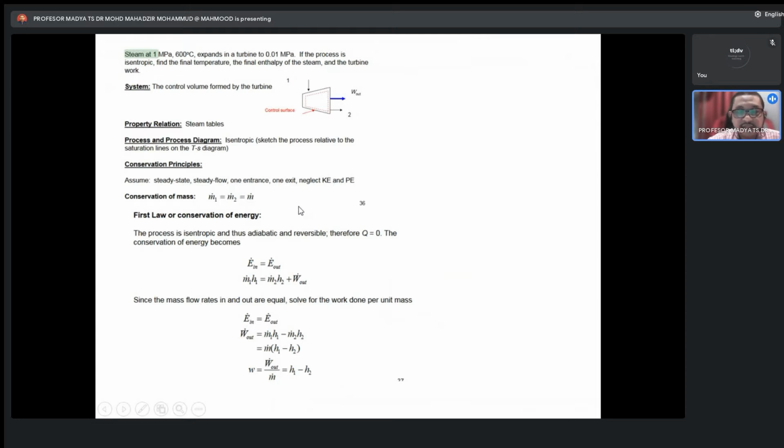So based on the conservation of mass, the mass flow rate at state 1 is equal to state 2, and this is equal to m dot.